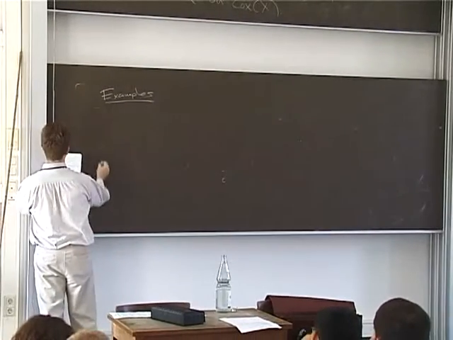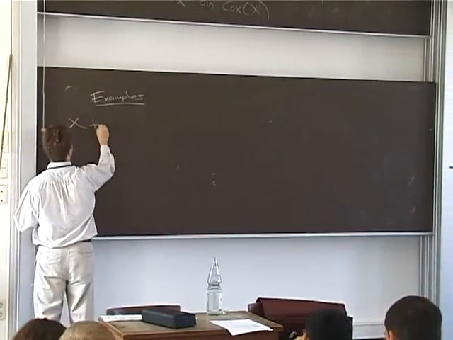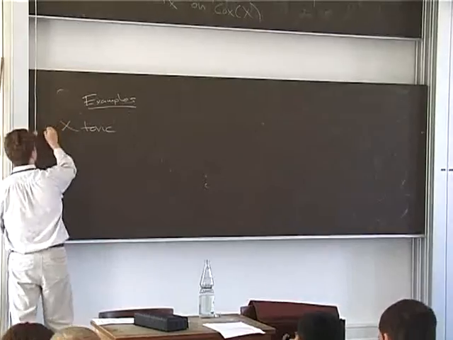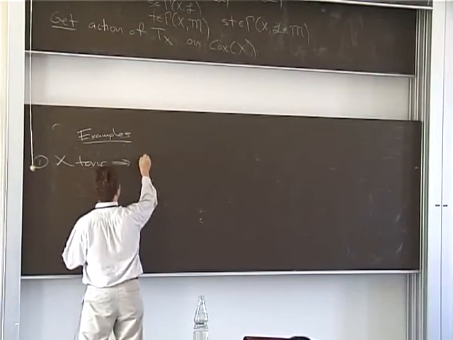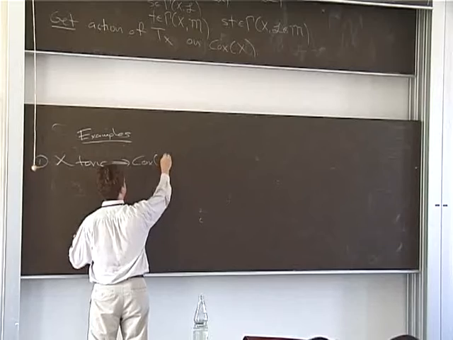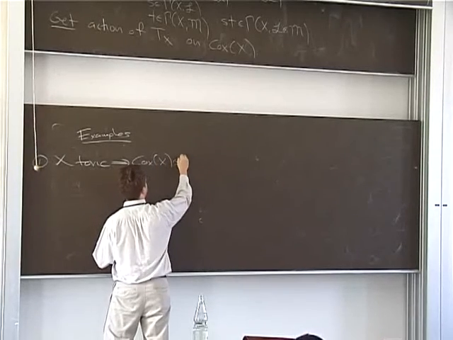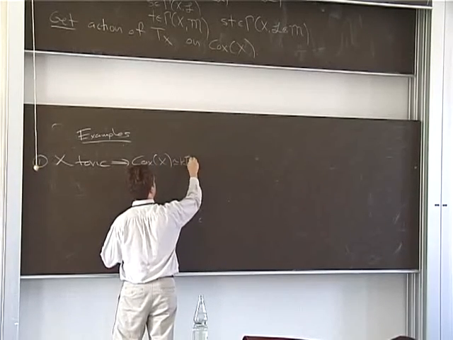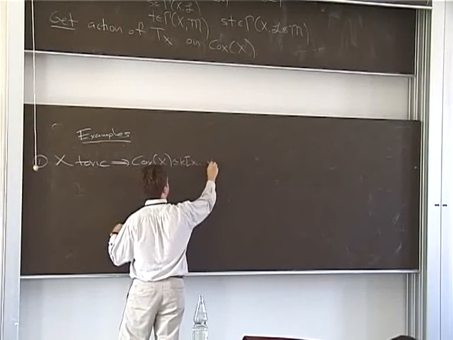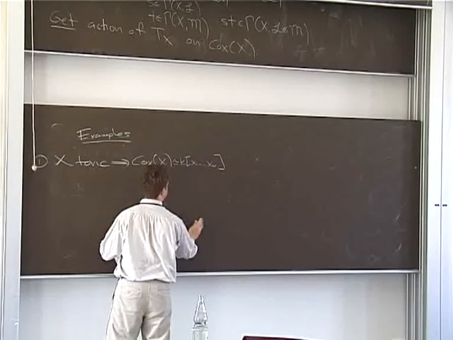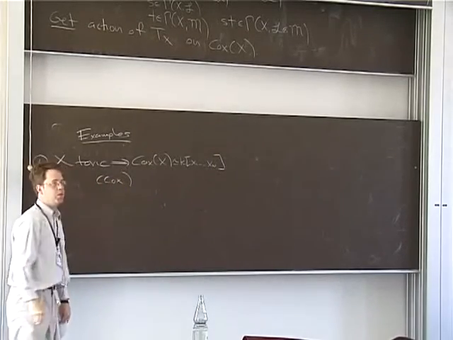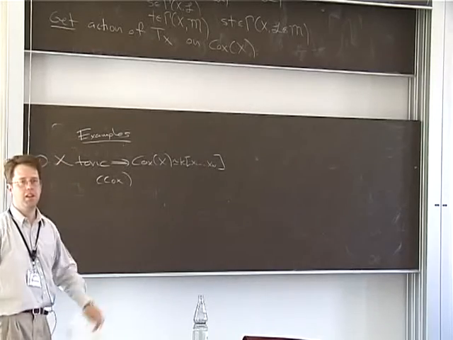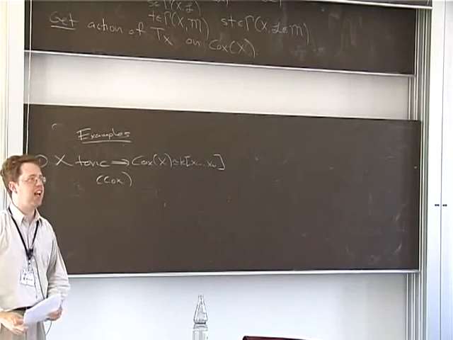The first case is, let's say that X is toric. Then the Cox ring of X is isomorphic to a polynomial ring. This is a result of Cox, which is why I at least attach his name to this.